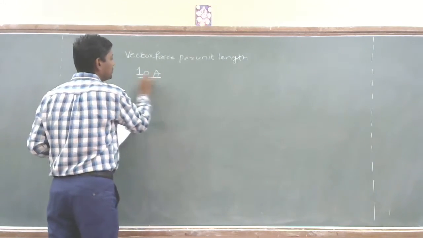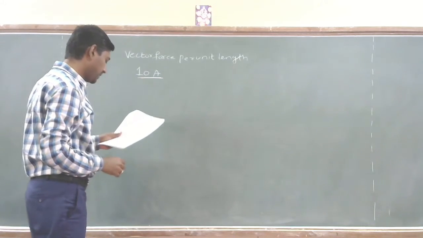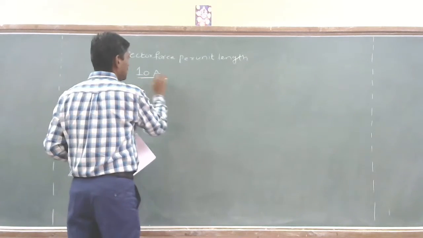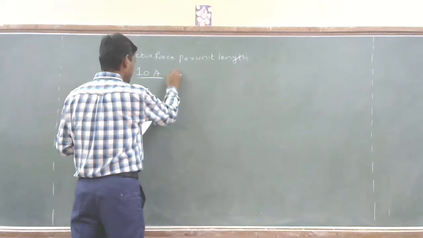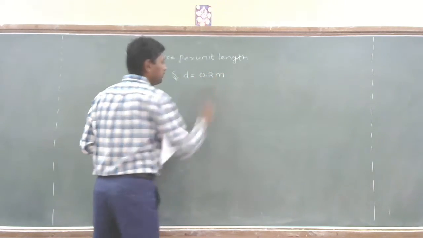We have two long parallel conductors carrying a current of 10 ampere in the same direction, and the separation between them is given as d equal to 0.2 meter.